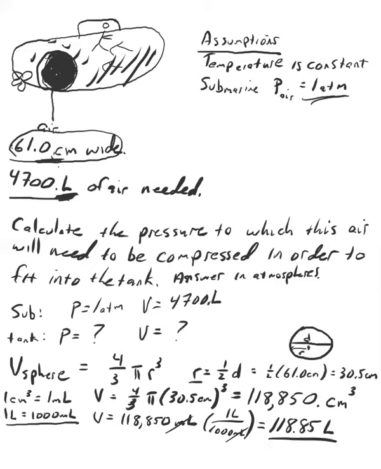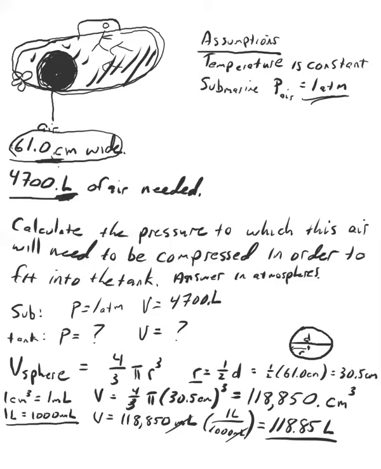Now you have this number that's not so unreasonable, right? 118 or 119 liters. Originally, it was 4,700. That's smaller, so that makes sense, right? You want the volume to be smaller on the inside than the volume of the entire submarine, because you're storing your air in here. Okay, so now we've got our volume.